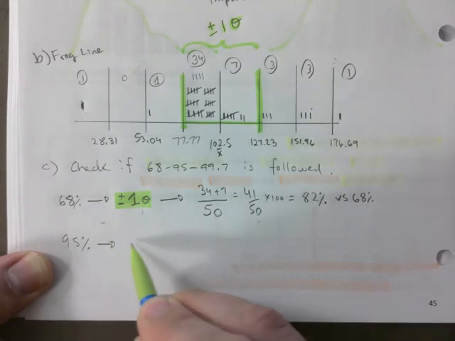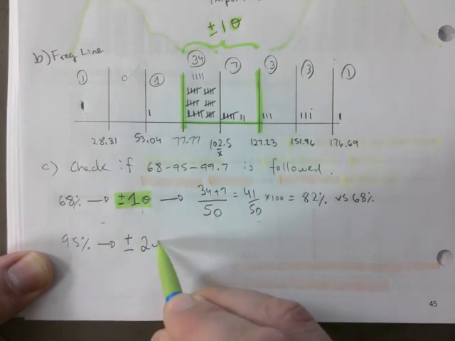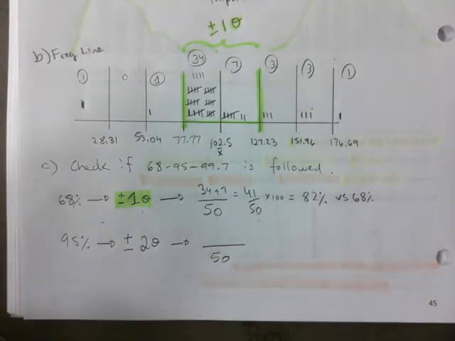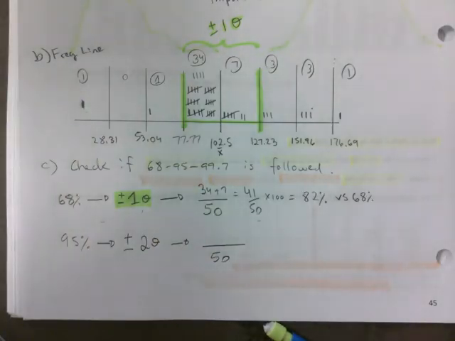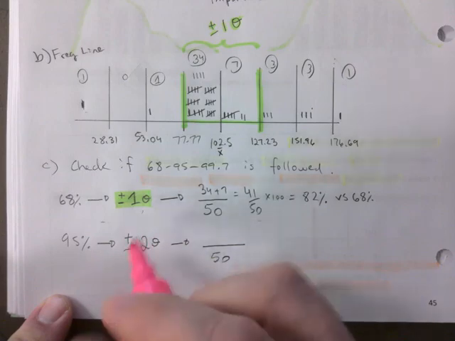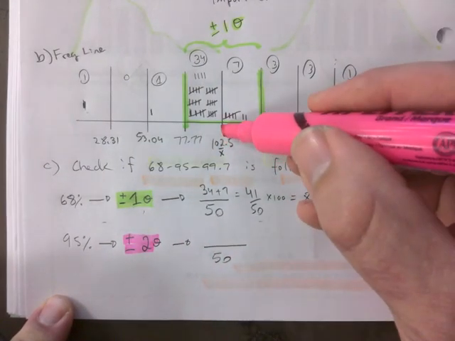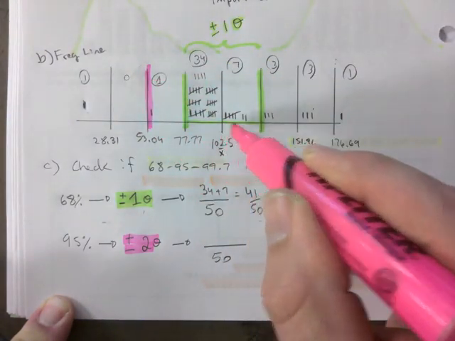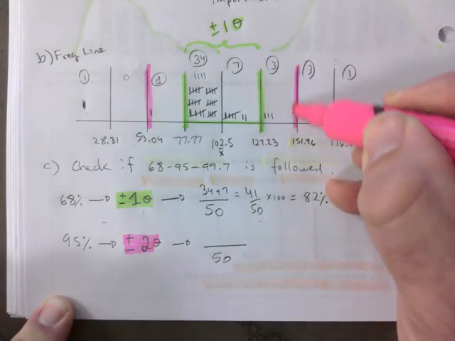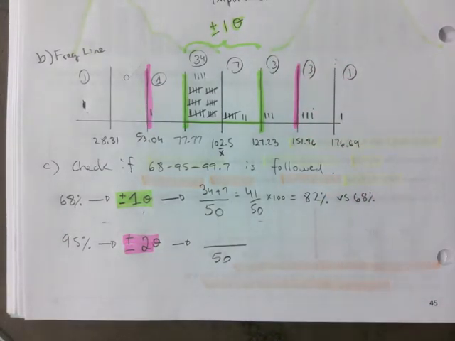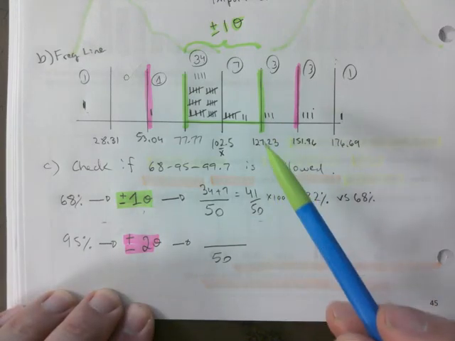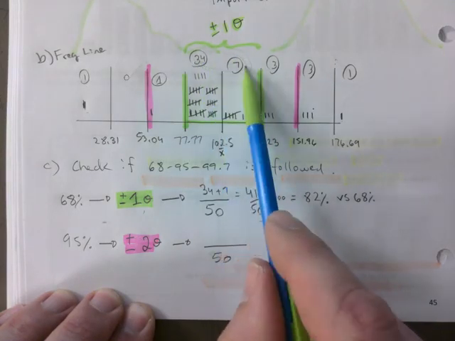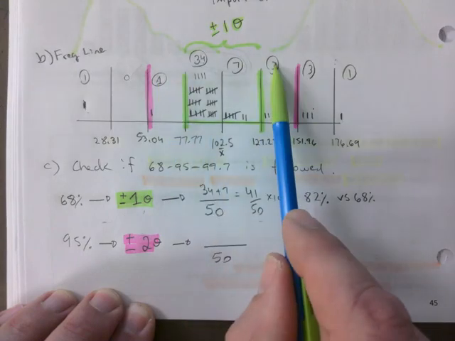If it's 95%, we're checking plus or minus 2 standard deviations. We're still going to compare it to 50. I'm going to use a different color for this one. Plus or minus 2 standard deviations. We go to the mean, we go left 2, and back to the mean, right 2. So to speed this up, this is already 41, I know that, correct? So I'm just going to go 41 plus 1 plus 3.